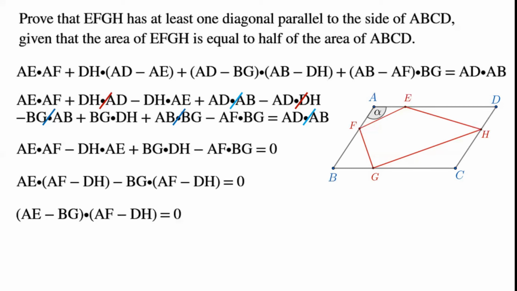This equation can be written as (AE minus BG) times (AF minus DH) equals 0.